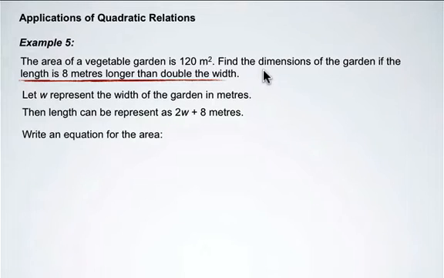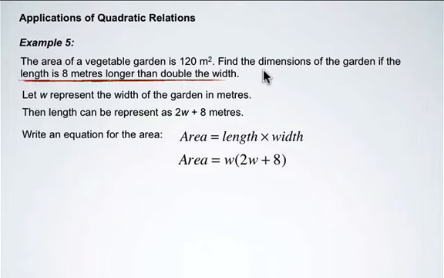So write an equation for the area. Area is length times width. So area is W, the width, times 2W plus 8, which is the length. We know that the area is 120 meters squared. So 120 is equal to W times 2W plus 8.